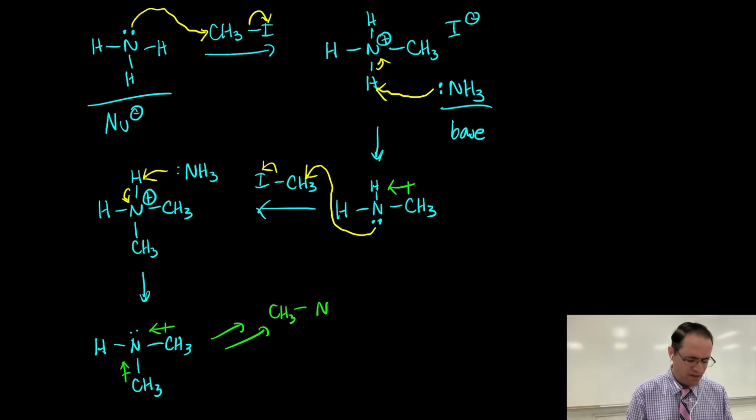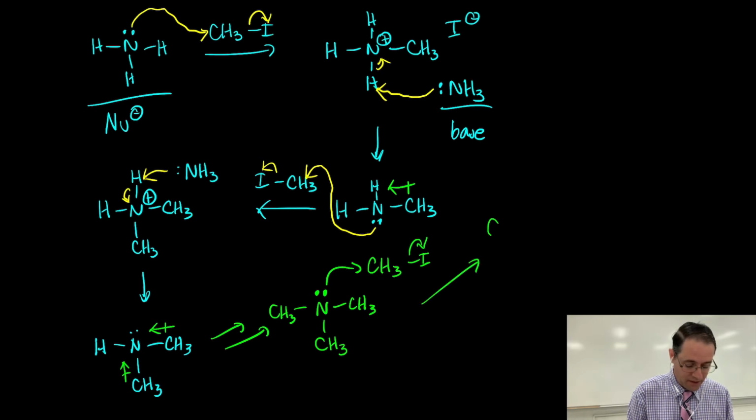This goes on to react again to give you trimethylamine after a couple more steps. Once we have trimethylamine, this is most nucleophilic because we have 3 electron donating groups that make the nitrogen lone pair even more susceptible to attack in an SN2 reaction.